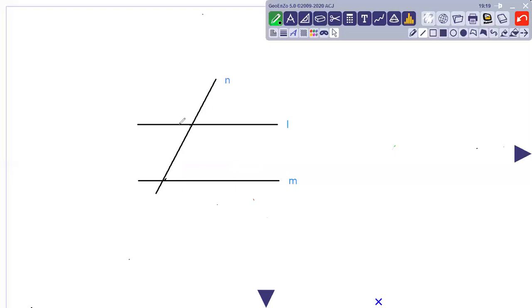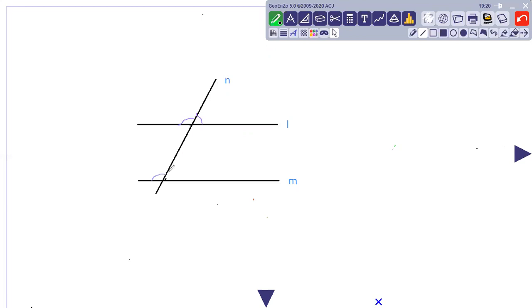Further, these angles are supplementary. This is not about parallel lines. This is just about the line L divided by the line N into two angles. Since this is a straight angle, these two angles will give you 180 degrees. This is a linear pair, not about parallel lines.